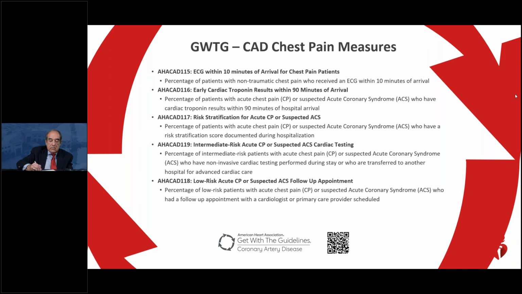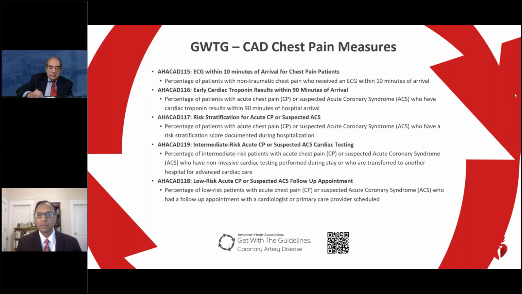In response to customer feedback, these updated entry criteria and the comprehensive 2021 guidelines for the evaluation and diagnosis of chest pain, the AHA and our clinician volunteers developed a set of reporting measures for the chest pain population. These were added to the tool just this month. They are listed on the slide you see here. And again, for more information on Get With The Guidelines, please visit our website or utilize the QR code on the screen.